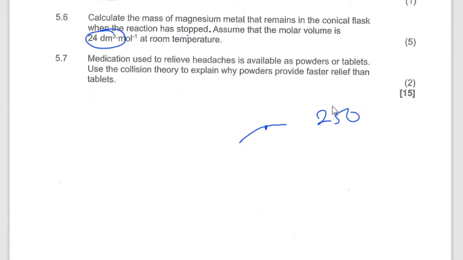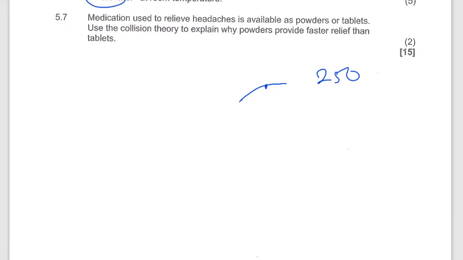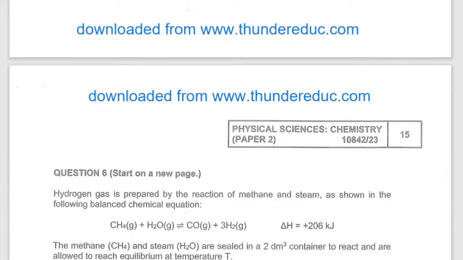So you can say that powder has a large surface area, or increased surface area or site of contact, than solid tablets, and this increases the number of effective collisions per unit time. That's how the question was supposed to be answered.